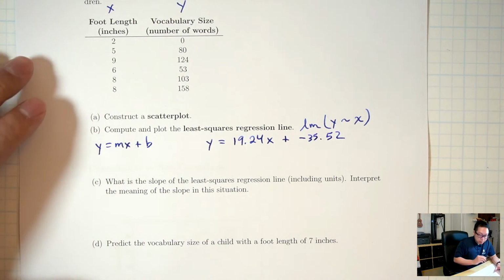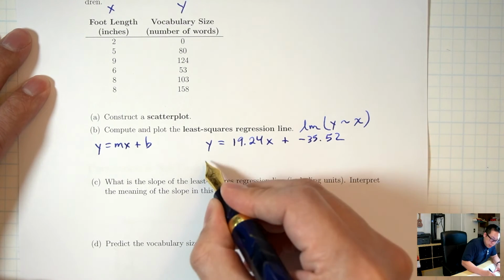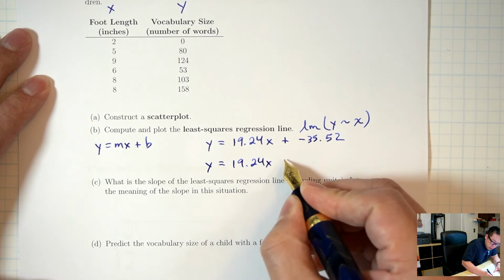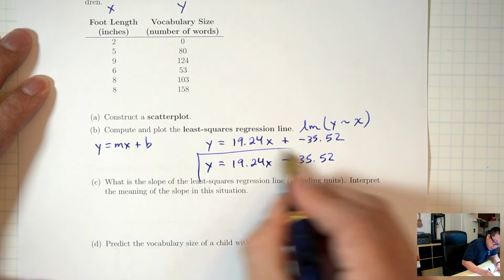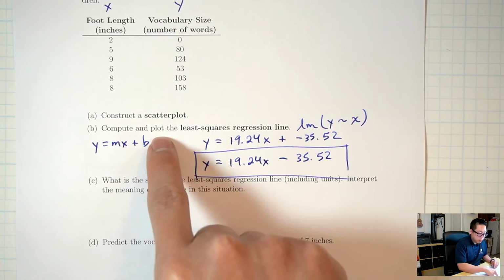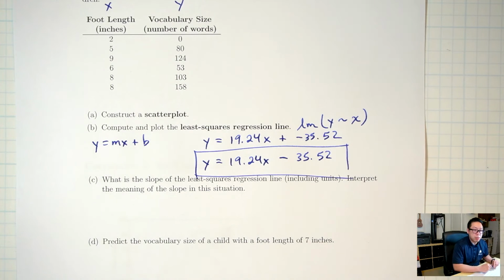You can leave it like that, but a better way to write plus negative is to say minus. So let me clean that up. So 19.24x minus 35.52. The plot part, if you're using regular R or RStudio Cloud, you can plot the line by using ABline. But on the online R console, that part doesn't work, so we'll skip the plot part.